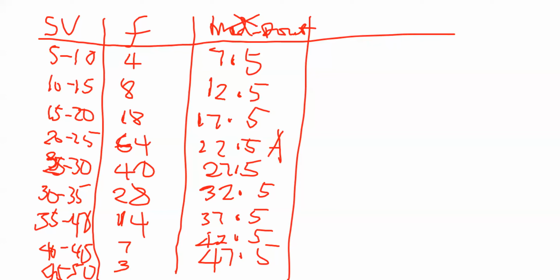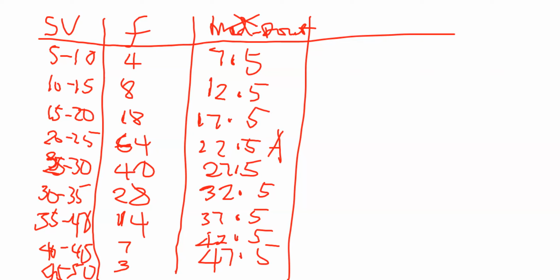That's the class boundary for 20 to 25, the midpoint, which is 22.5. That's the one they say we should choose as our assumed mean, and that's why I have adopted 22.5 as our assumed mean. Is it clear?